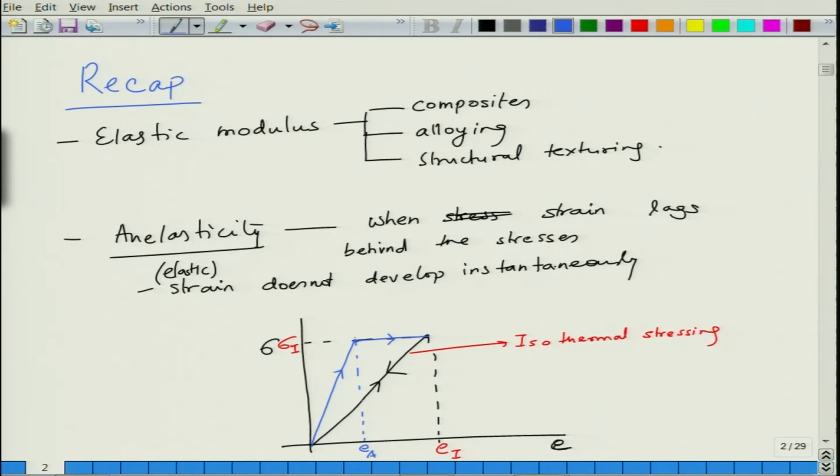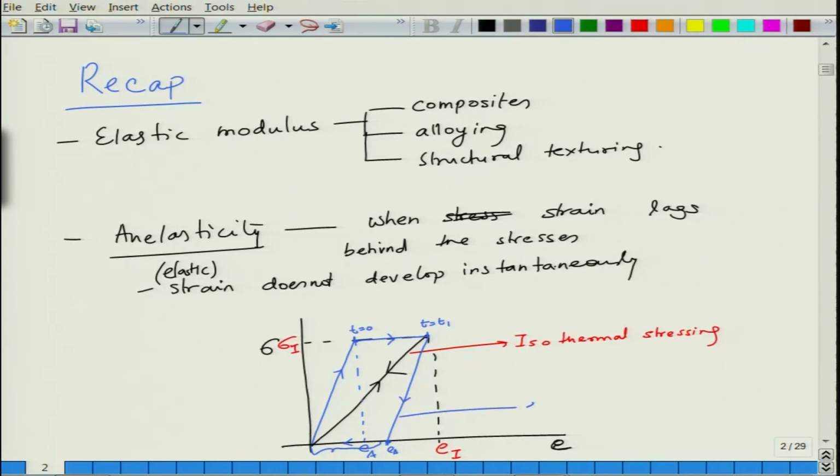Let us say T is equal to 0; between T equal to 0 and T equal to 1, the additional strain, epsilon I minus epsilon A, develops. Then when you drop the load again suddenly, this strain is recovered, almost equivalent to epsilon A, and whatever was developed will drop back to 0 as a function of time if you leave it in this fashion.